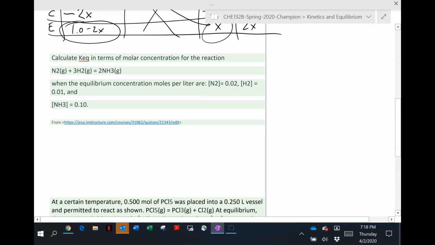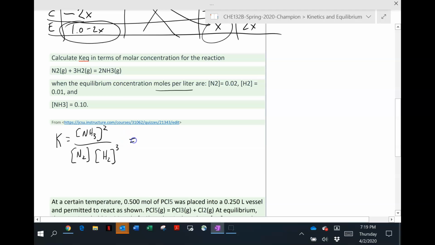All right, so now we have a problem where we've got the equilibrium of nitrogen reacting with hydrogen to give us ammonia. Everything's in the gas phase, and we're asked to get the equilibrium constant given equilibrium concentrations in moles per liter, right? So that's molarity. So K is going to be equal to NH3 squared, because there's a 2 in front of that NH3, over N2 to the first, which we don't write because there's a 1, times H2 raised to the power of 3 because there's a coefficient 3 in front of it.